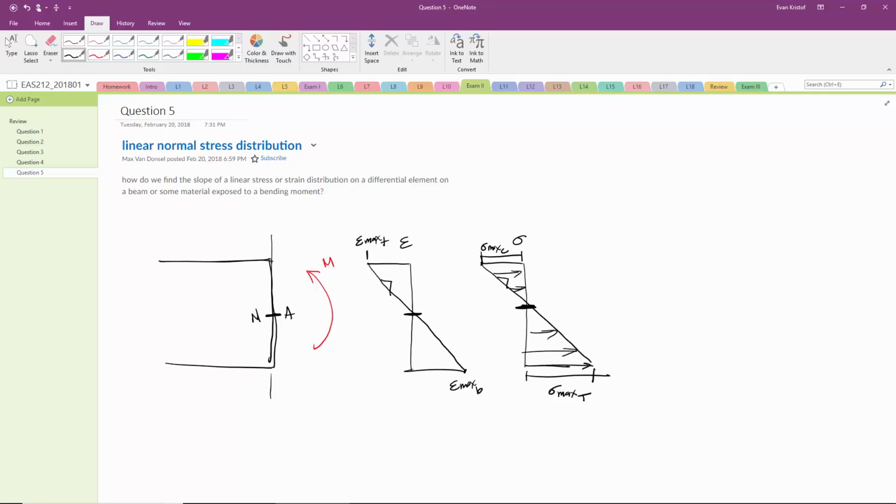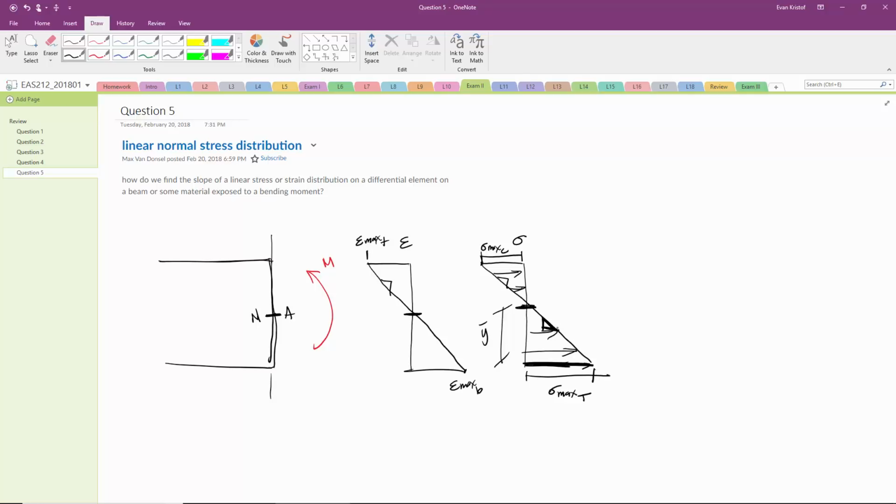If I knew what the width of that triangle was, and I knew what this height is here, and that would just be the distance from the bottom of the section to the neutral axis, if I knew what that was, this would be y bar, then I could easily calculate what the slope is.